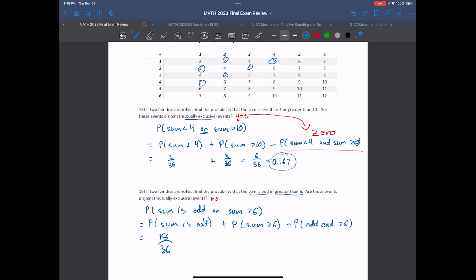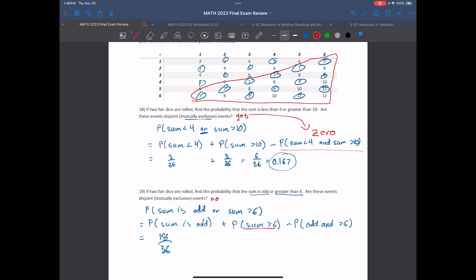And then the scenario, let's just circle all of these, and to emphasize, you can see right here, those 7s are also going to be circled when we do the sum is greater than 6. So if we do all of the odds, those will be all of these here circled in blue. But the sum is greater than 6 is going to basically be all of these that I'm putting in the triangle.